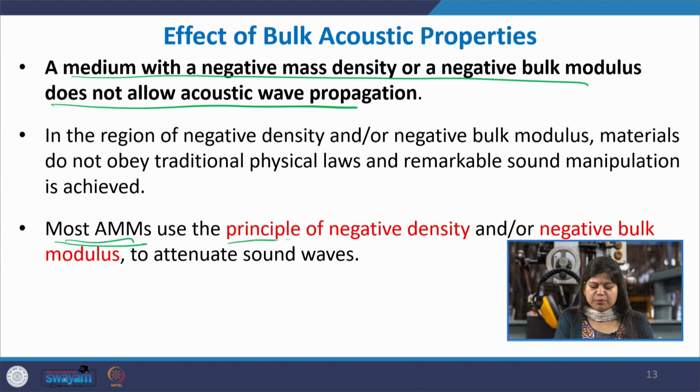They use the principle of negative density or the principle of negative bulk modulus. So here the geometry of the metamaterial, how they are arranged, they achieve extreme values of B and extreme values of rho, so that they can achieve extraordinary manipulation.